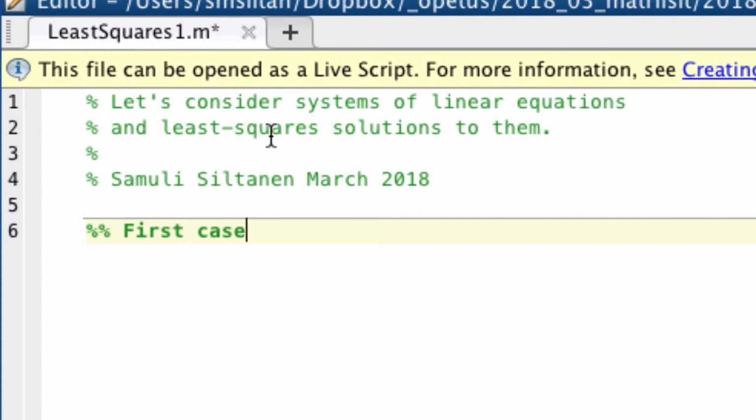First case, two equations, unique solution. So let's start with something that works nicely and there will be no problems whatsoever.